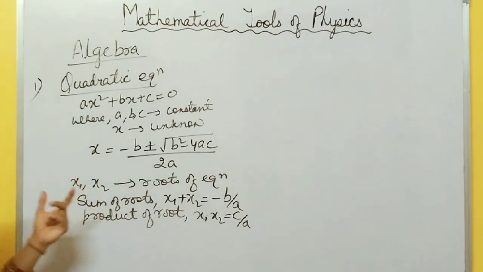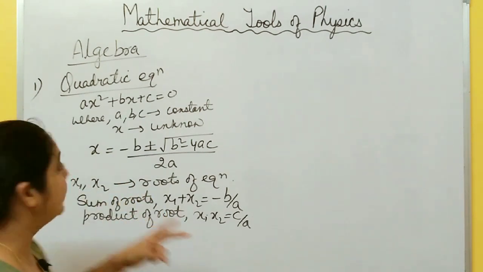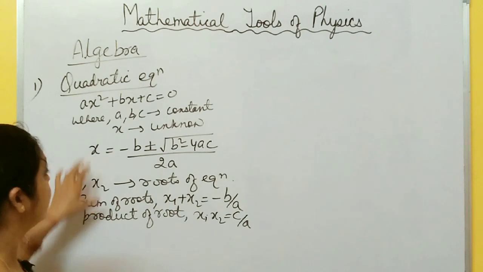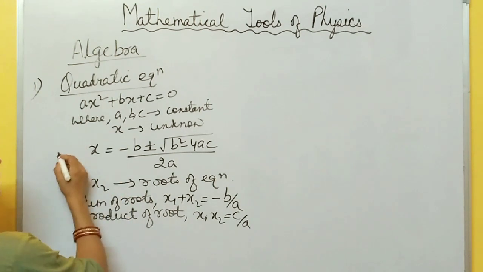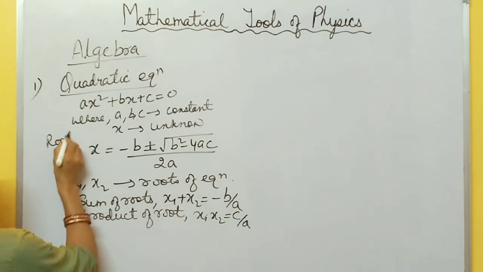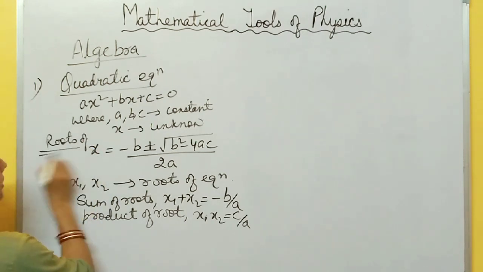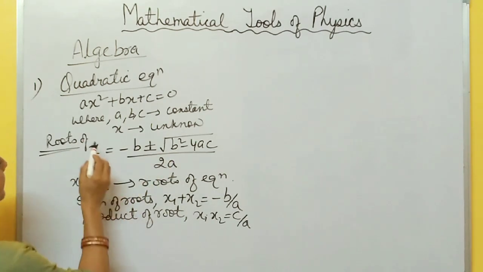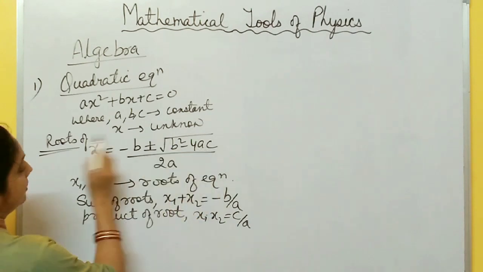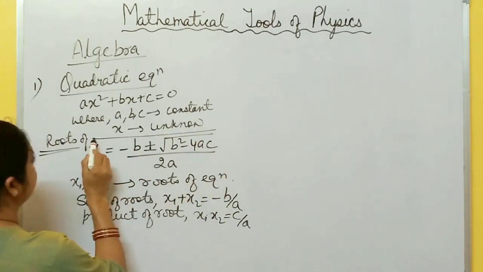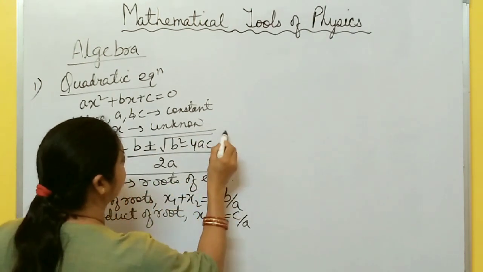Wherever there are two values of the variable, in that case you have to solve using this quadratic equation formula, and this one gives the roots of the quadratic equation: x equal to minus b plus minus under root b square minus 4ac by 2a.